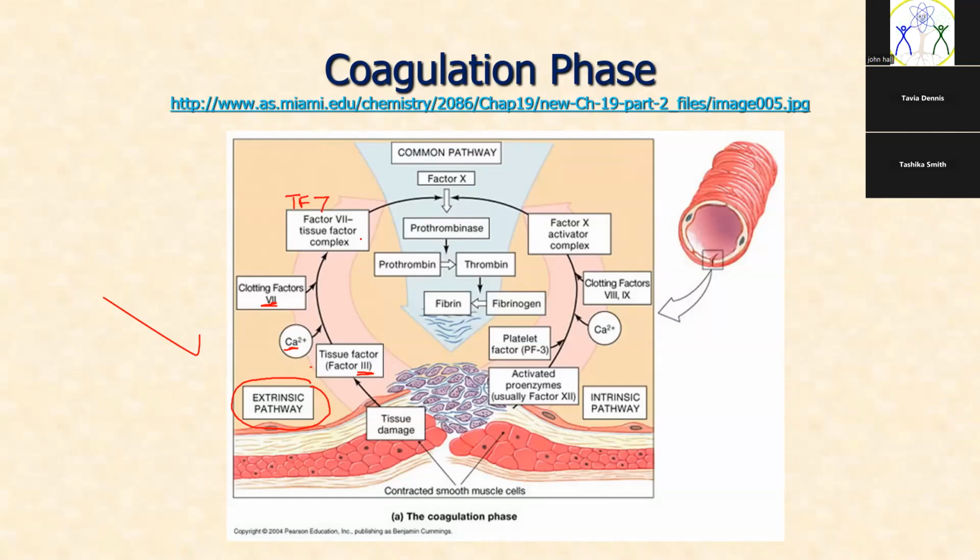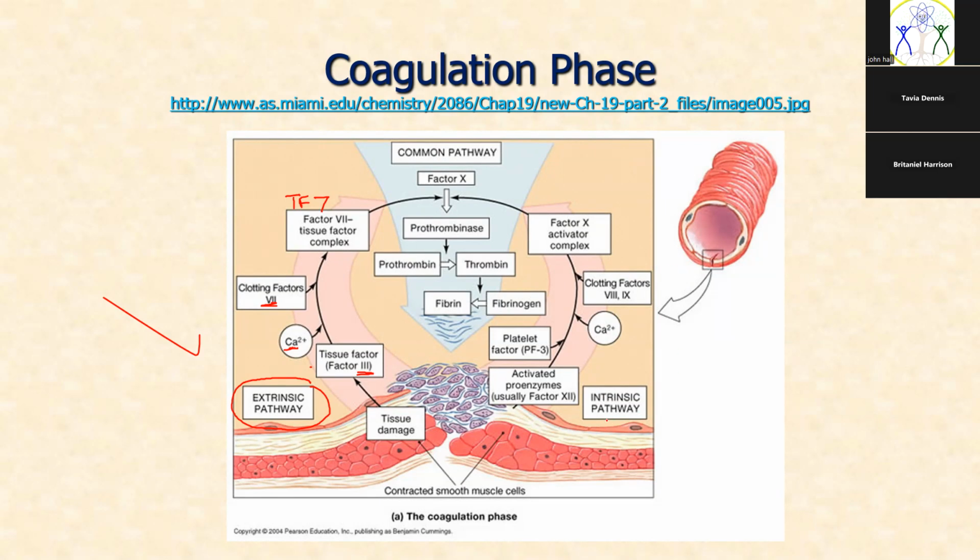Factor 3 binds with calcium, and it then binds with factor 7 to give you the TF7 complex. And then that TF7 complex goes on to activate factor 10. All right? So that is all. Real simple, 2 steps. On the other side now, we have the intrinsic pathway over here.